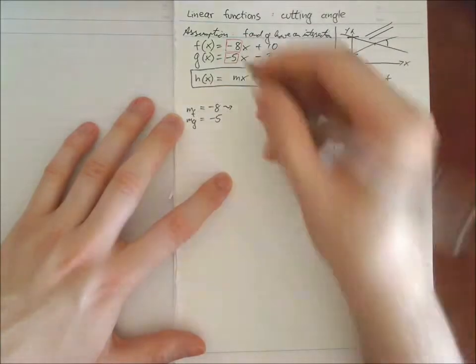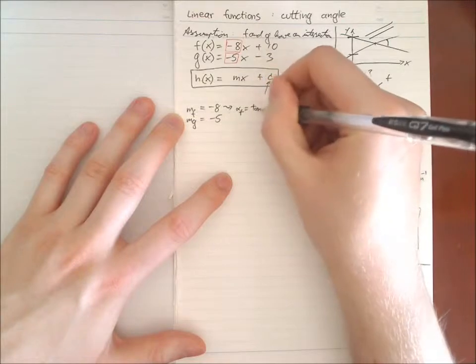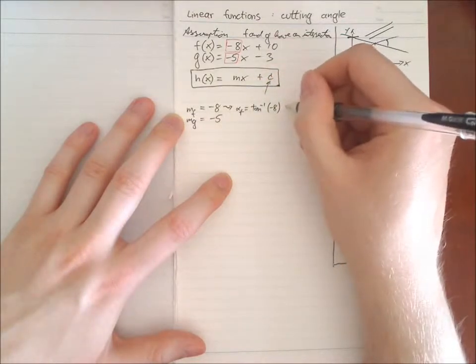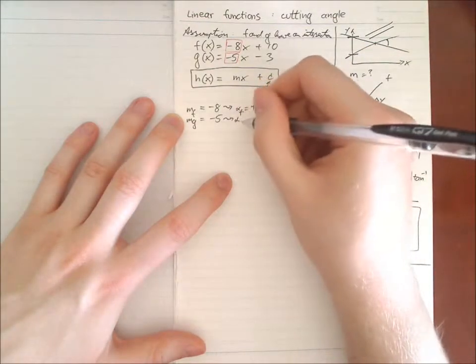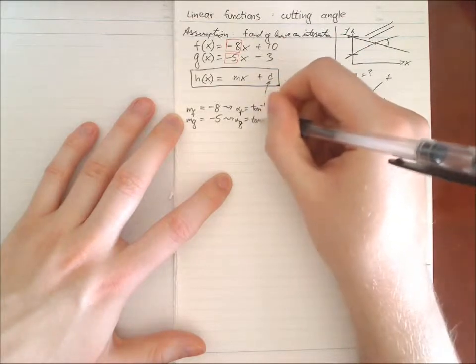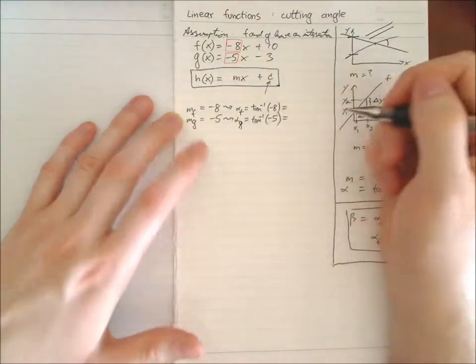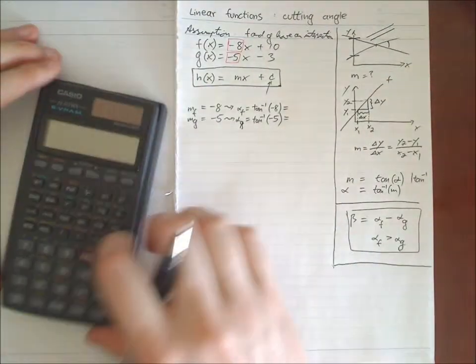So alpha f is inverse tangent of minus 8, which is, we don't know yet, we need a calculator. And same thing for g. Alpha g is inverse tangent of minus 5, which we also don't know, because we need this machine to calculate it.